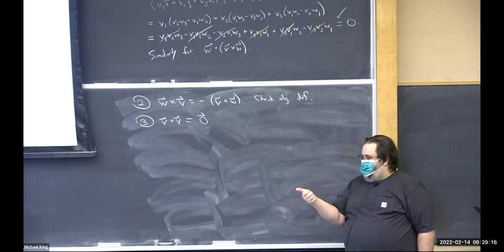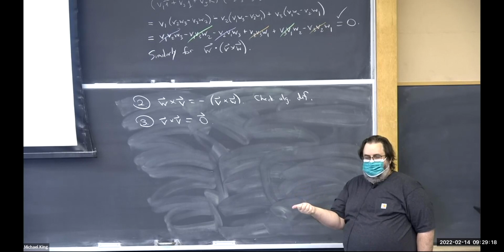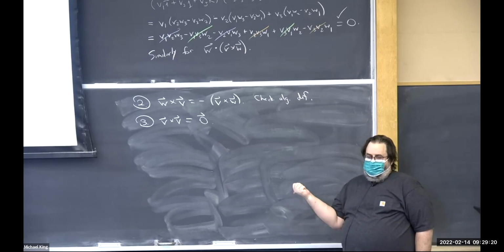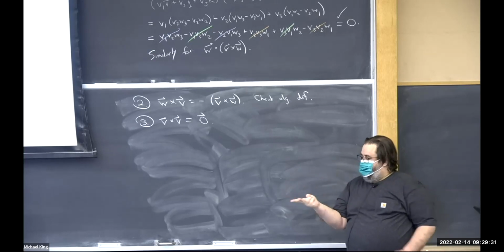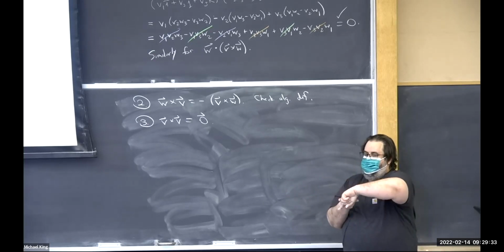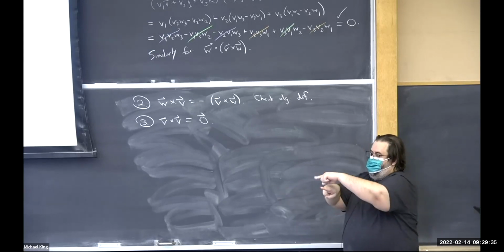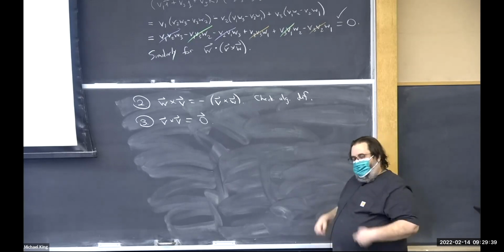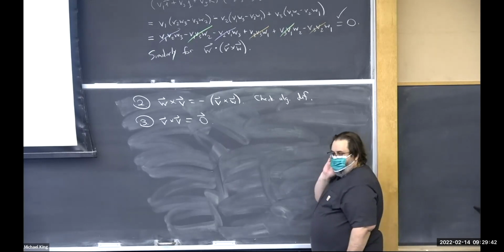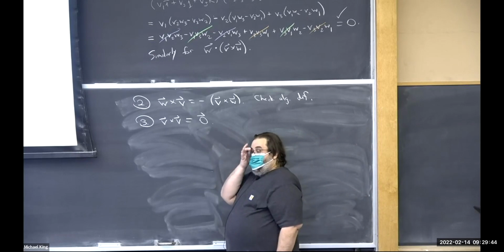What direction is perpendicular to a vector and itself? In 3D, how many directions are perpendicular to a given vector? Infinite, if I just have one vector. If I have two vectors, there are two different directions perpendicular. But if I have one vector in 3D, there's a whole range of perpendicular vectors. So it'd be hard to pick out what the actual perpendicular vector is. So instead, it just works out to be 0.